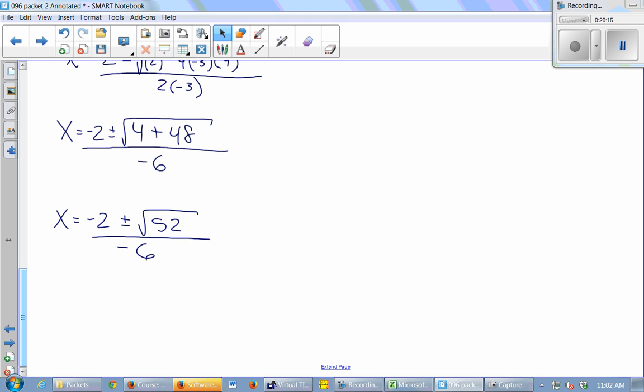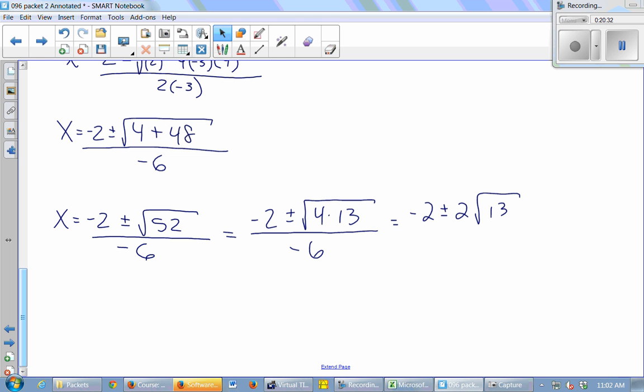So I can rewrite this as -2 plus or minus the square root of 4 times 13 all over -6. Right? I can actually take the square root of 4 and it becomes a 2 with no radical sign. And that's all over -6.